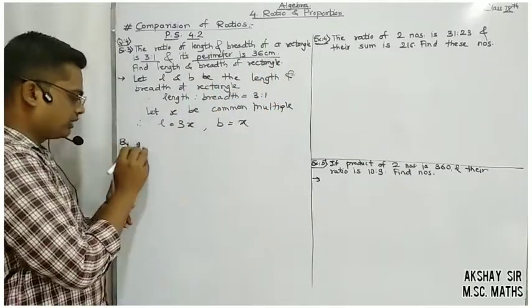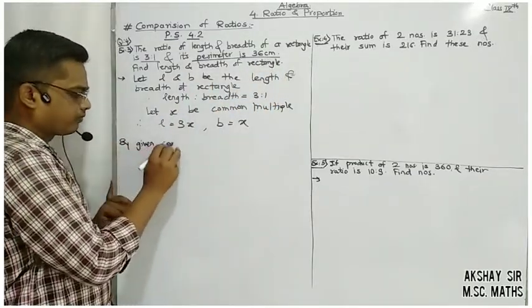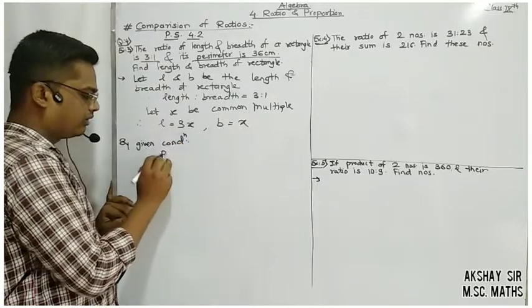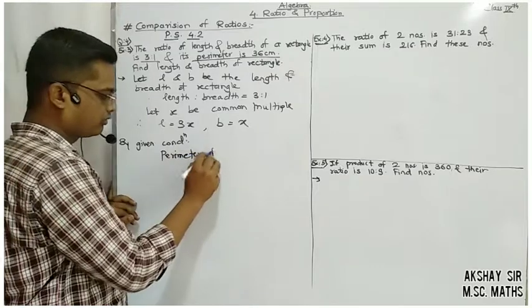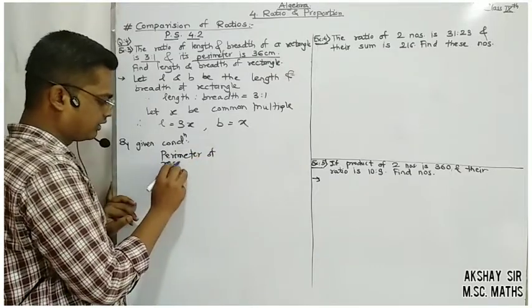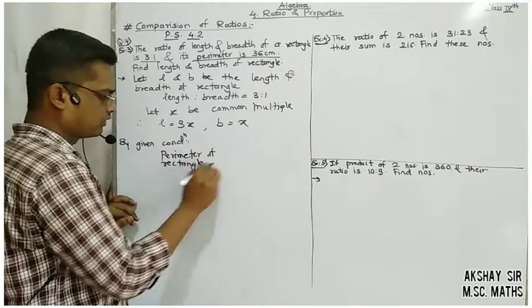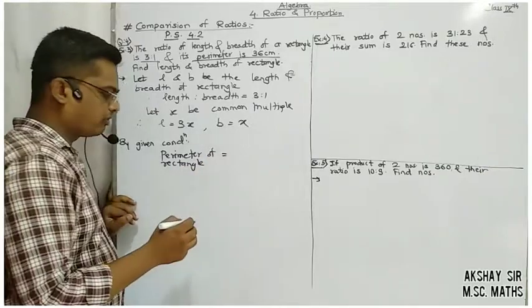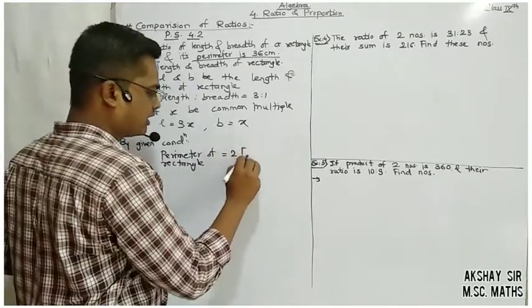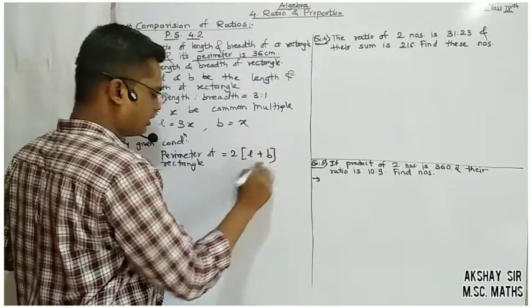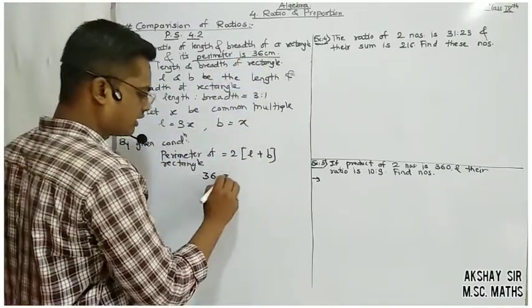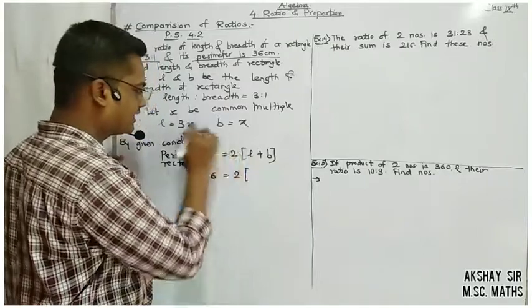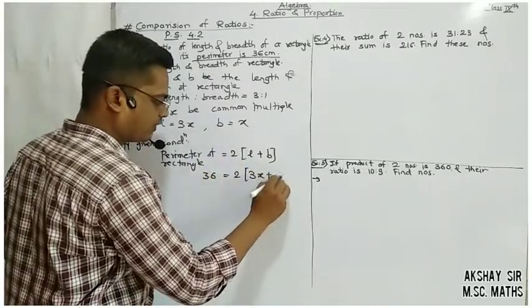So now by the given condition, the perimeter of the rectangle. We know the formula for the perimeter of a rectangle is 2 times (length plus breadth). So the perimeter of the rectangle is given as 36 centimeter. Let us put here 36 equals 2 into length, which is 3x, plus breadth, which is x.